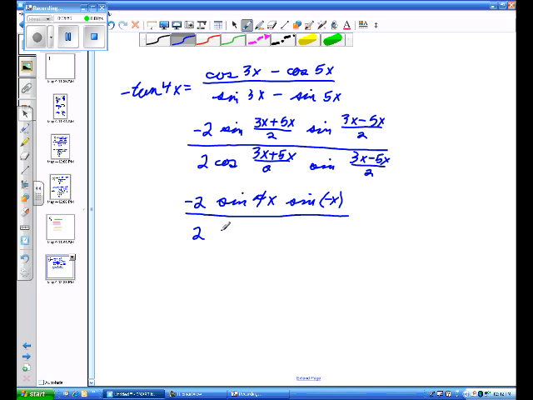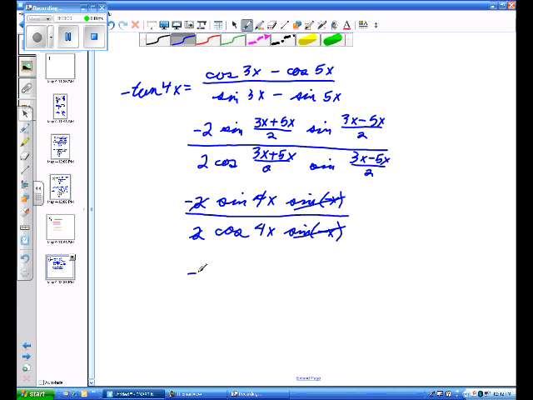Over 2 cosine, 3x plus 5x is 8x divided by 2 is 4x. Sine 3x minus 5x is negative 2x divided by 2 is negative x. Now, here we can go through and our 2's cancel. Our sine of negative x cancels. We can cancel now because it's all multiplication.